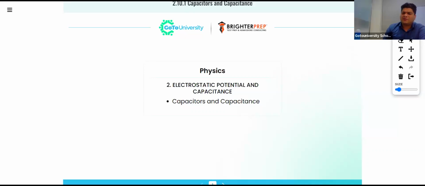So for capacitor, what is a capacitor? As a key point, I can say a capacitor is a device. It does storage of energy.